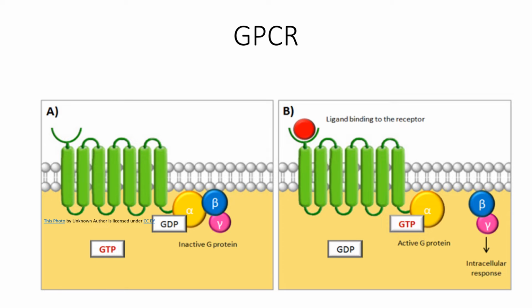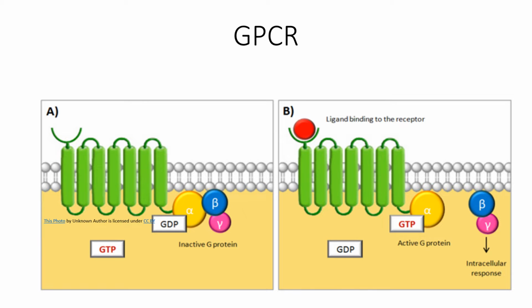But when a ligand is present and binds with the receptor of this serpentine domain, then what happens? Then GDP converts into GTP by the action of GEF, or guanine nucleotide exchange factor.